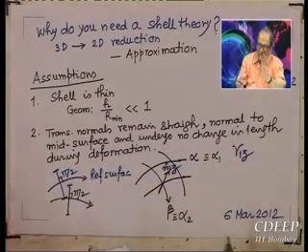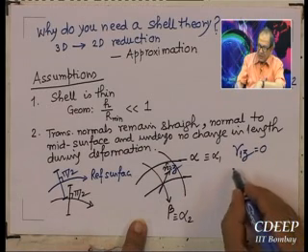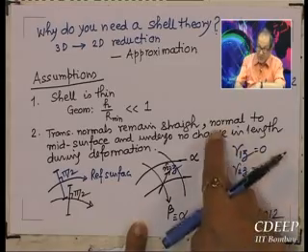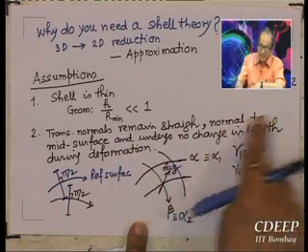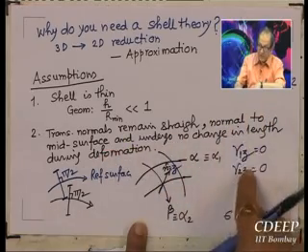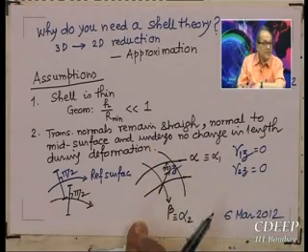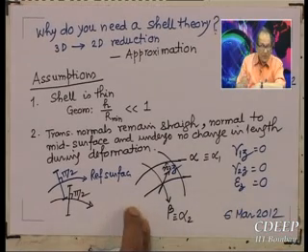So gamma 1z is 0, gamma 2z is 0, and what else? This remains normal to the mid surface. The meaning of this is this. Normal to mid surface means this. What else? And undergo no change in length: epsilon z is 0. So this is the meaning of this.